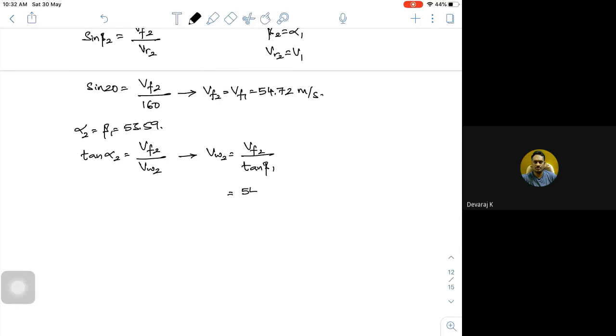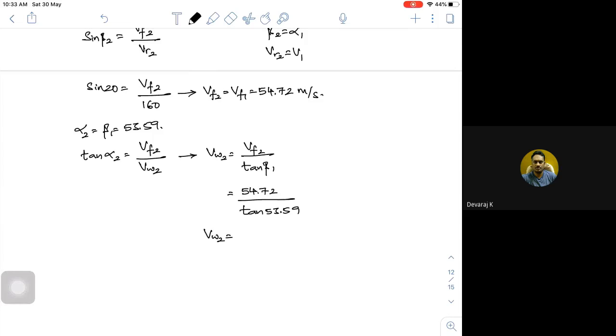It is 54.59 and 72 divided by tan 53.59. I'm going to get my VW2, which is 40.36.